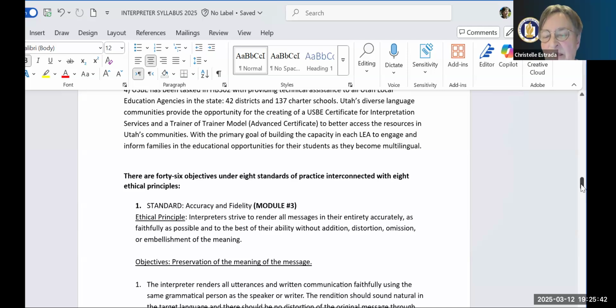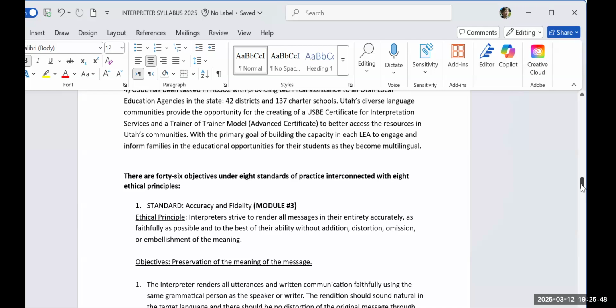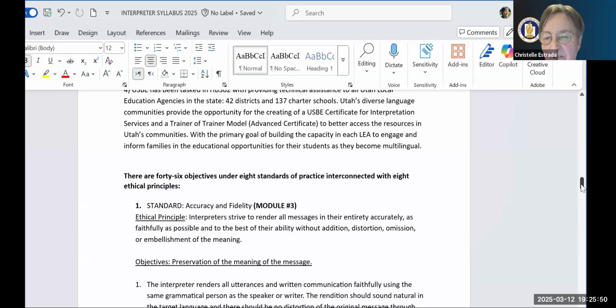Yeah, you can, but you have to be very careful about confidentiality. That's why I want to go through the standards. They'll actually help you better understand your professional obligations. This is about conflict of interest.